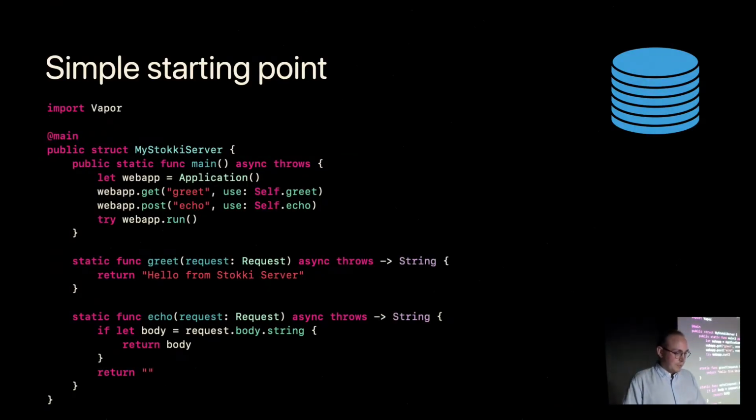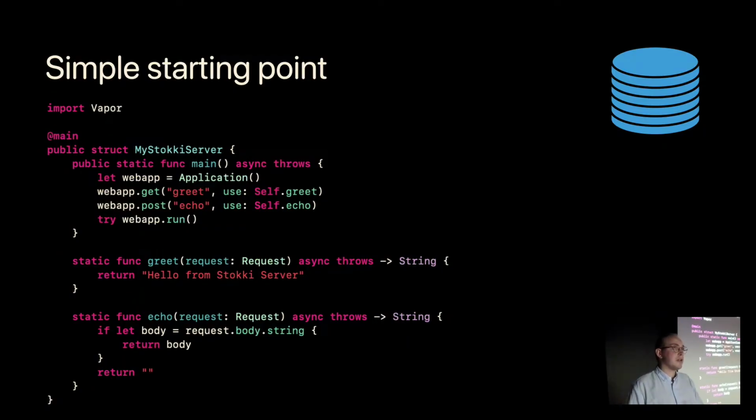Your server app is this, you don't need more than that. So basically, you go ahead and create a struct, call it whatever you want, I've used StockyServer here, and you're going to add main, so that's going to be your main entry point. You're going to have a main function, and in there we're going to initialize an application.